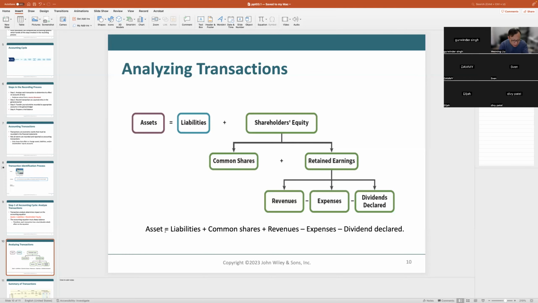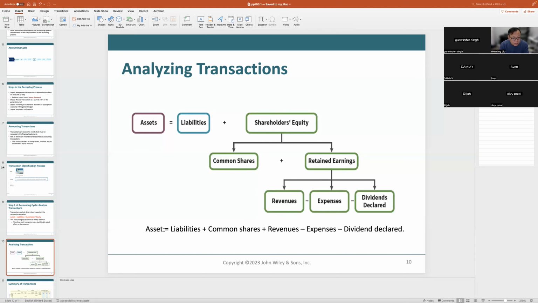Now I'm going to move these expenses and the dividend to the left side. Why? Because in front of these two accounts, the sign is minus, right? Both are minus. So if I move these items to the left side, change the side of the equation, they're going to flip the sign. The negative will flip into positive.